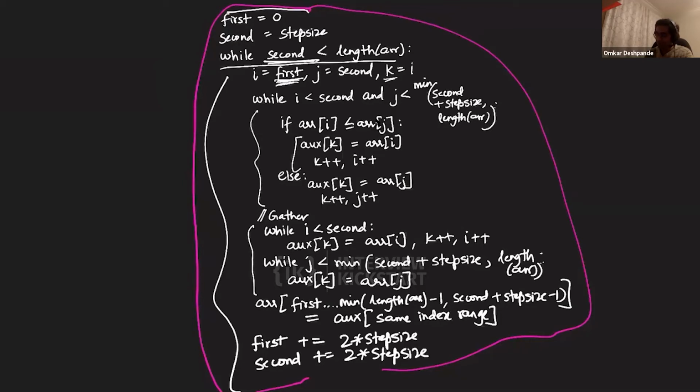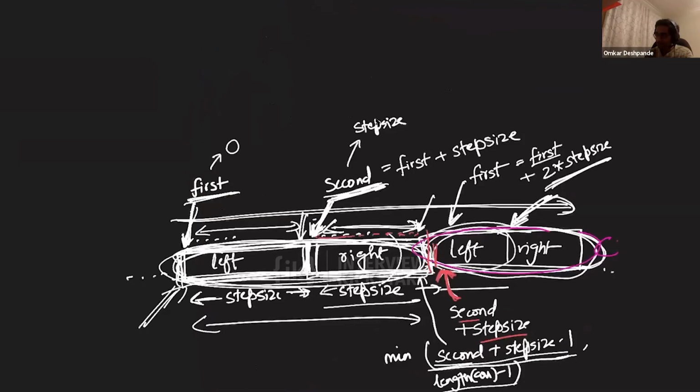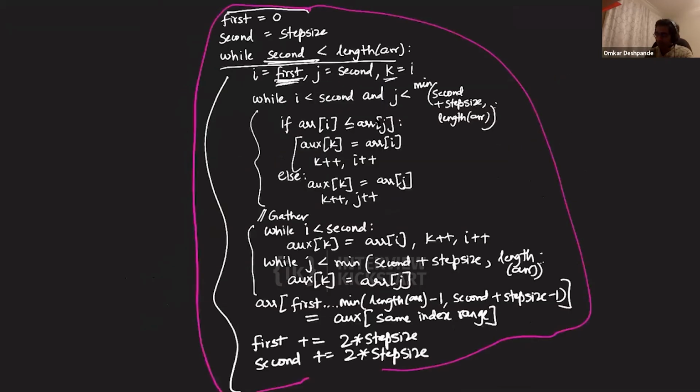The right index starts from second and goes up to second plus step size minus 1. So it needs to be less than second plus step size, and it also needs to be less than the length of the array, because it's possible that second plus step size might overshoot. This might be the rightmost subarray pair we're looking at.